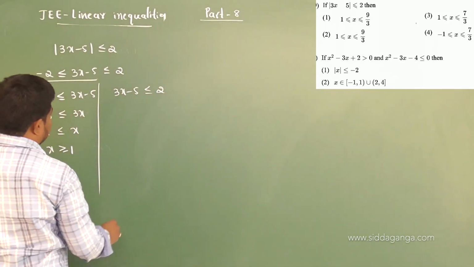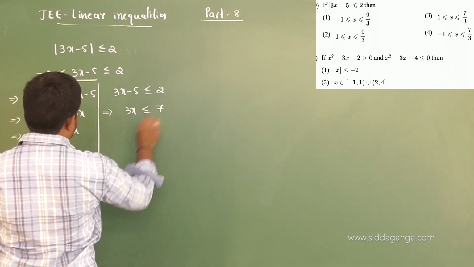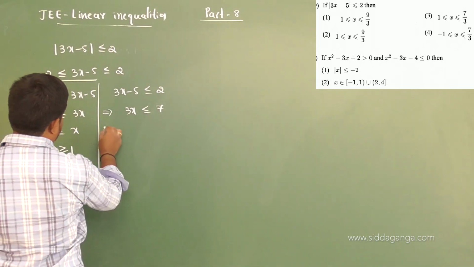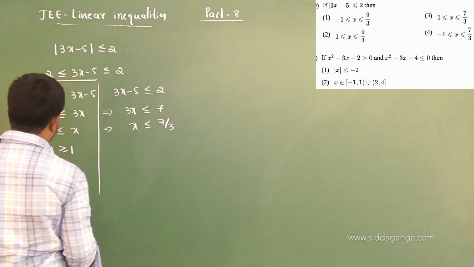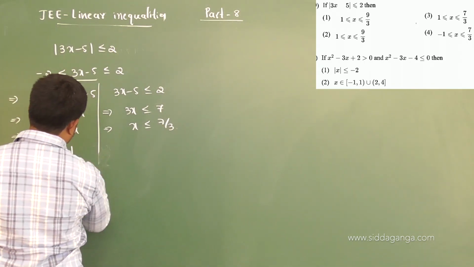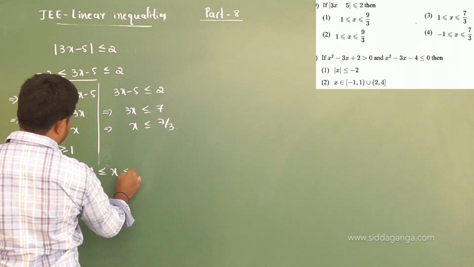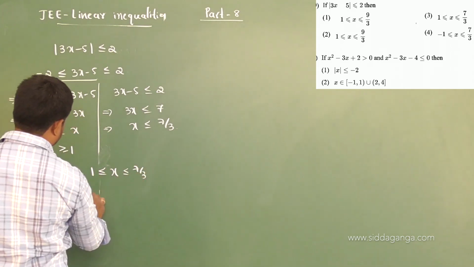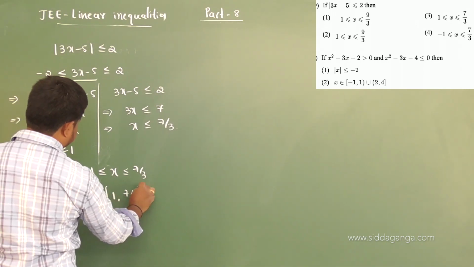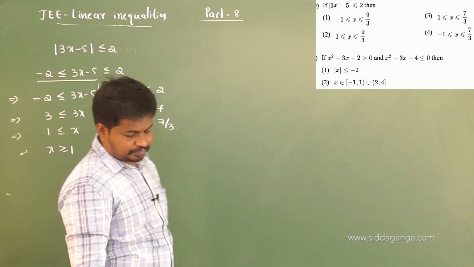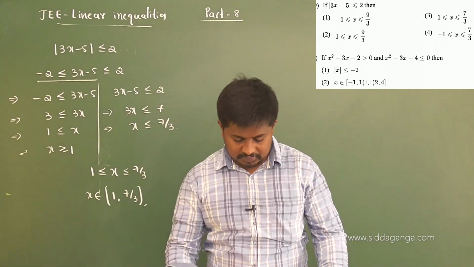Adding plus 5 on both sides, you get 5 plus 2, dividing by 3 you get 7 by 3. So x is greater than or equal to 1, less than or equal to 7 by 3. You mean x belongs to the interval 1 to 7 by 3. That is, option 3 is the correct one.